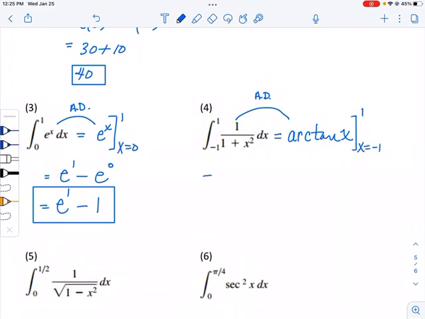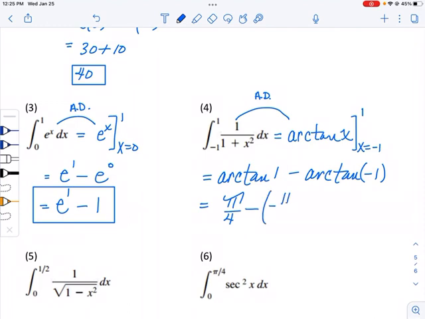So you would see that you have the arctan of 1 minus the arctan of -1. So you kind of remember these. The angle whose tangent is 1 is pi over 4. Always radians, not degrees. Minus the arctan of -1 is going to be negative pi over 4. So we're just going to add these, and we get pi over 2 for an answer. So there's your answer there.